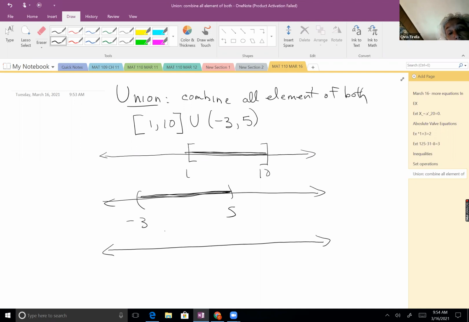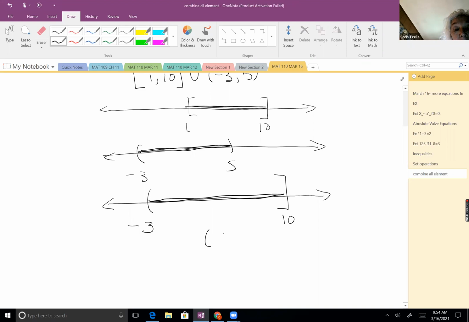Well, when I put them together, the smallest value would be -3, which we're still not including. The largest value would be 10, which we are including. And we'd have all of those values in between. So my union would be the interval open at -3, closed at 10.